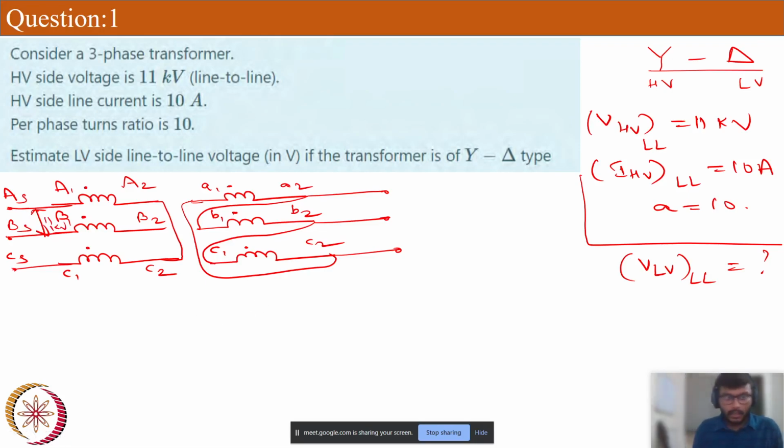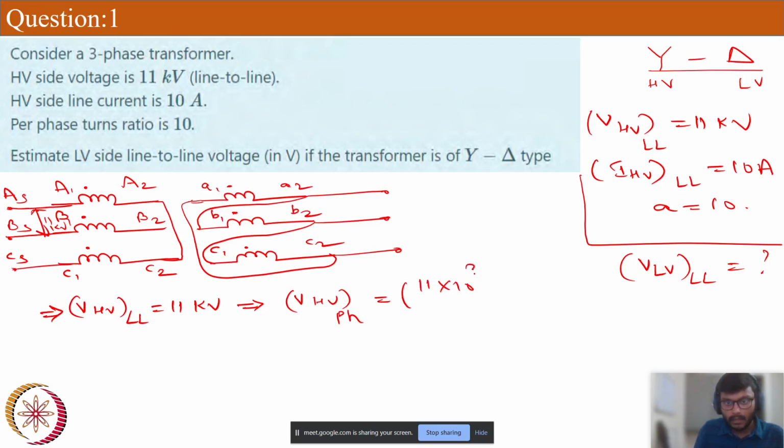Okay. See, since my primary HV side is star winding, in a star connection, my line voltage will be root 3 times the phase voltage, and my line current will be the same as the phase current. So with that information, my VHV line to line is equal to 11 kV. From this I can calculate the VHV phase voltage: 11 kV divided by root 3.